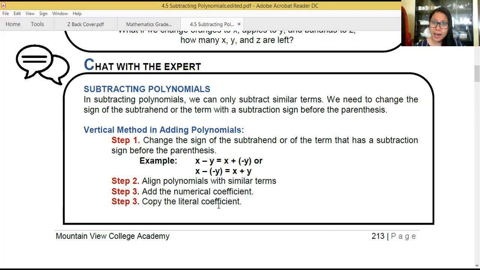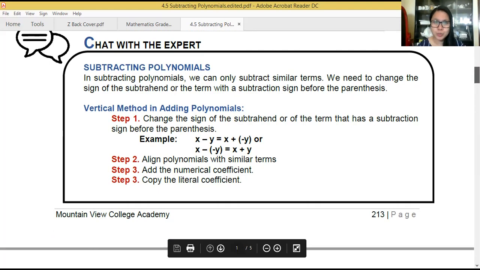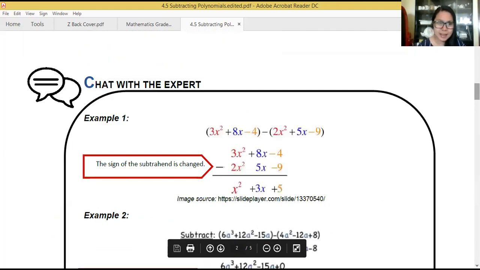Step 2, align the polynomials with similar terms. Step 3, we add the numerical coefficients. And step 4, we copy the literal coefficient. Now, how do we do that? Let's have this example. Let me first snip it.